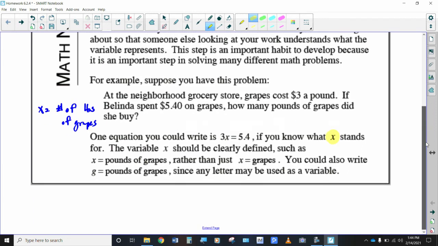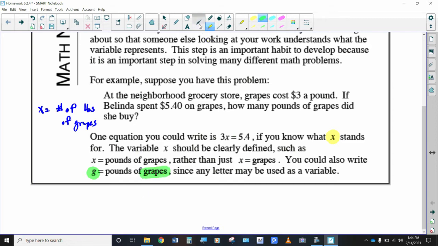If we had situations where we had more than one variable and you were having trouble deciding, well, one of them is x and one of them is y, sometimes students will actually choose a variable that makes sense, like the number of pounds. We'll just call it g instead of x because the g stands for grapes.